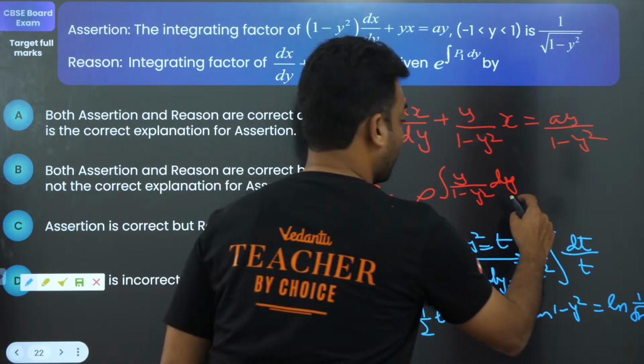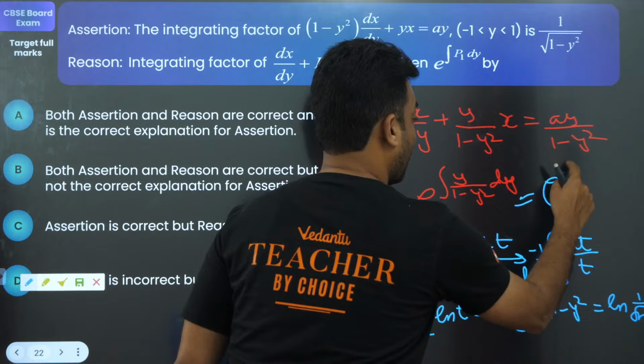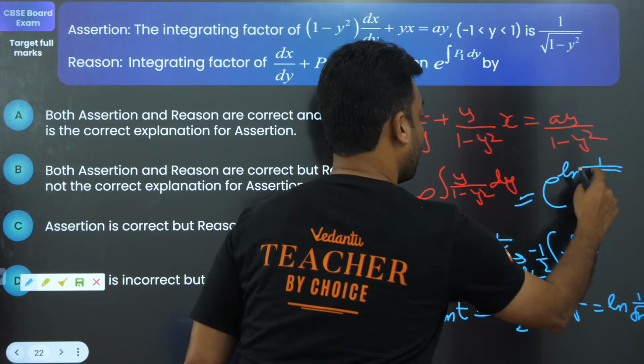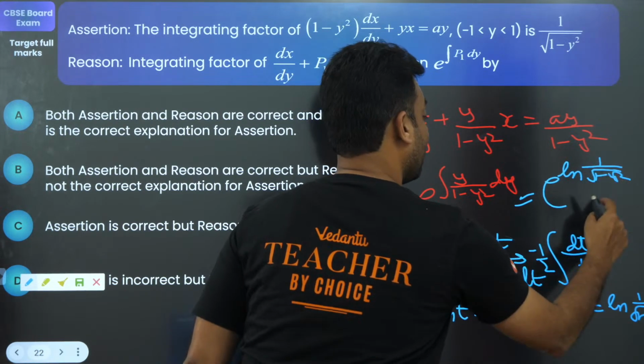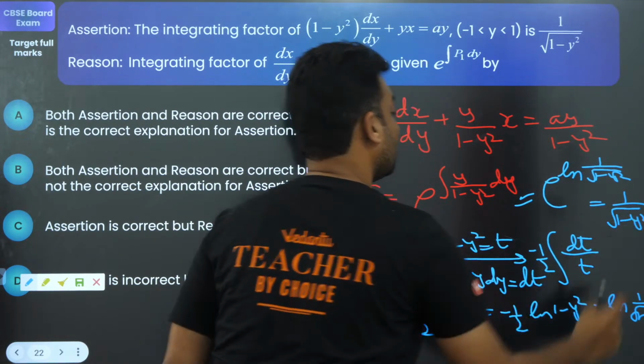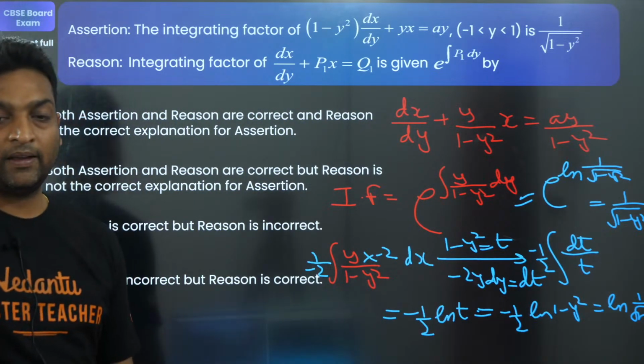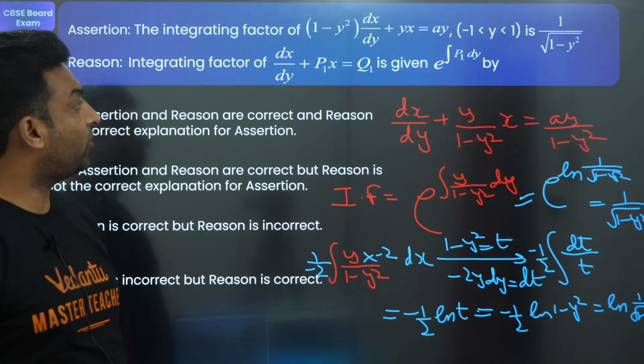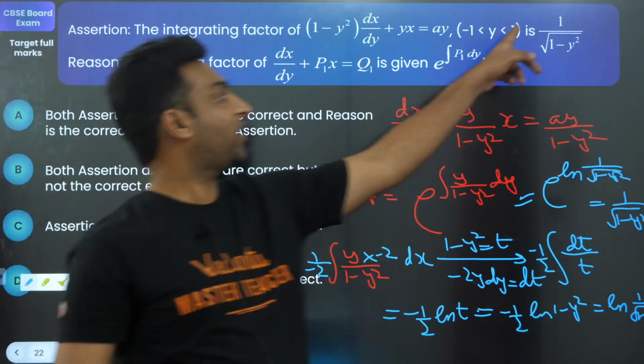Hence the integrating factor becomes e raised to power log of 1 by square root of 1 minus y square. Here the integrating factor comes out to be square root of 1 minus y square, which is perfectly correct.